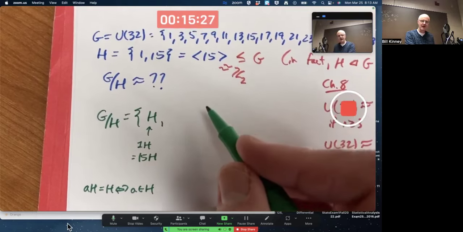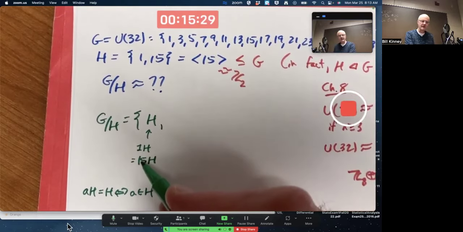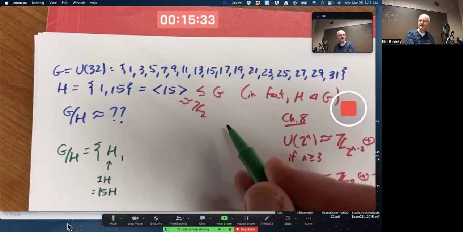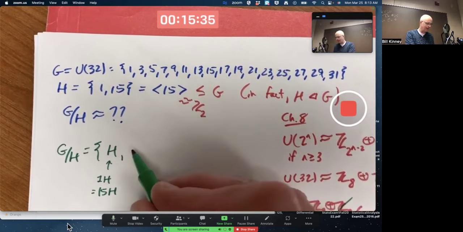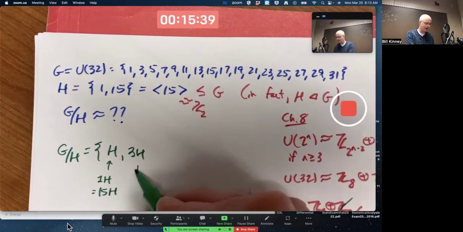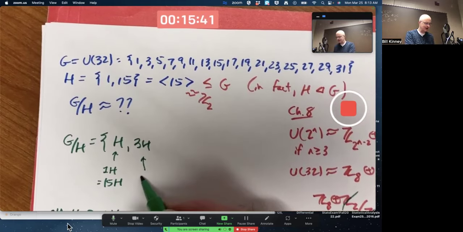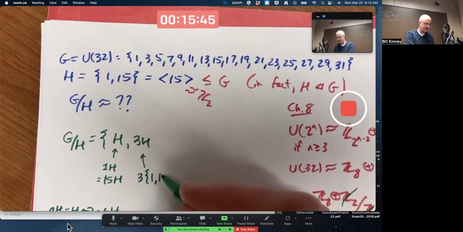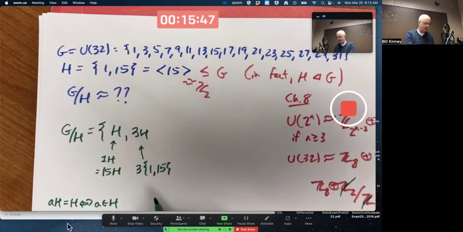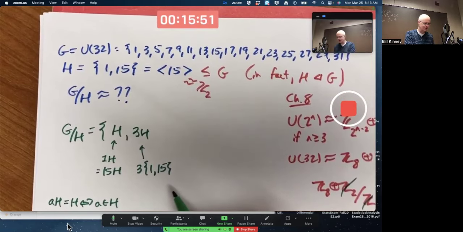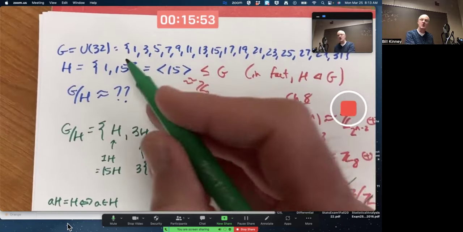All right, that takes care of representatives 1 and 15 in front. I've got 14 more representatives to think about. How about 3H? What is that? By definition, that's the set of all products: 3 times 1, 3 times 15, 3 times everything in H, mod 32.